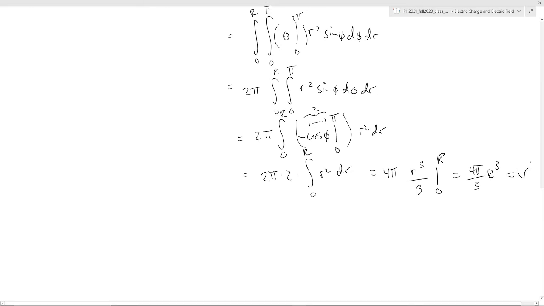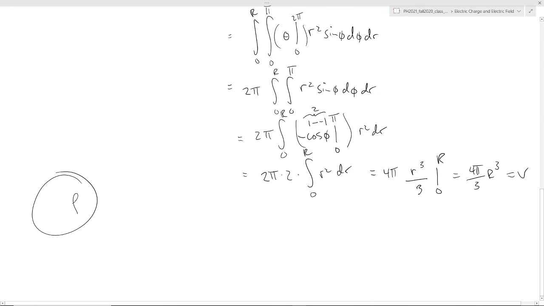Now, this might seem like, wow, that's kind of lame, but why I bring this up is because there are problems that appear in your homework where you need to find like the total charge on some spherical distribution.